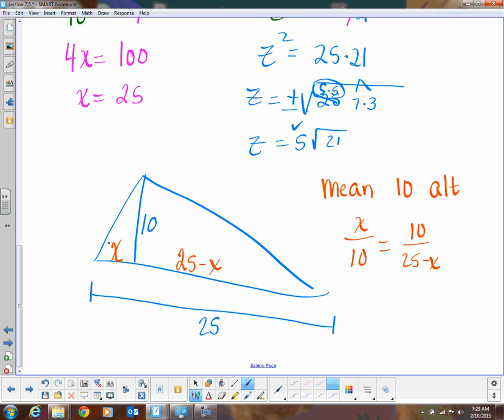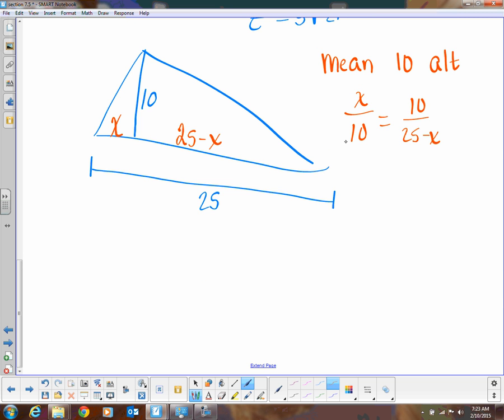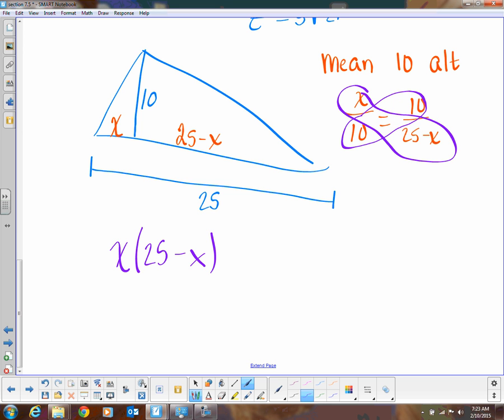Now, yesterday when I did this, we went through factoring. We're not going to do that today. We're going to use the quadratic formula. So we're going to multiply these. x times 25 minus x equals 10 times 10. Distribute, you have 25x minus x squared equals 100.